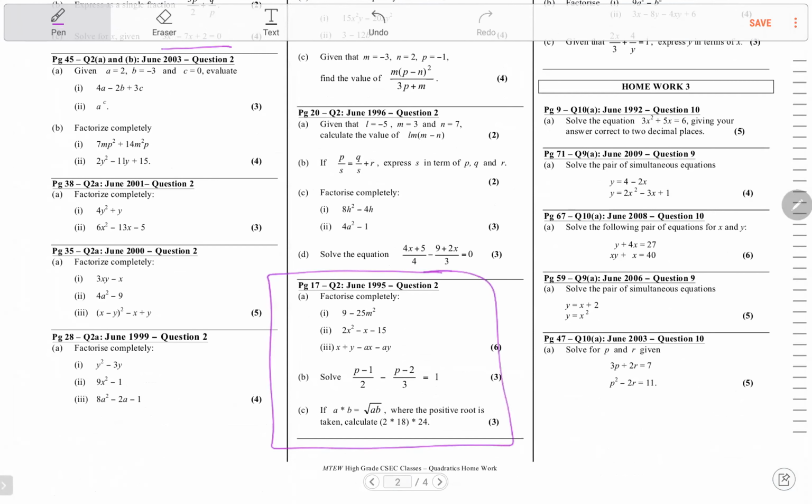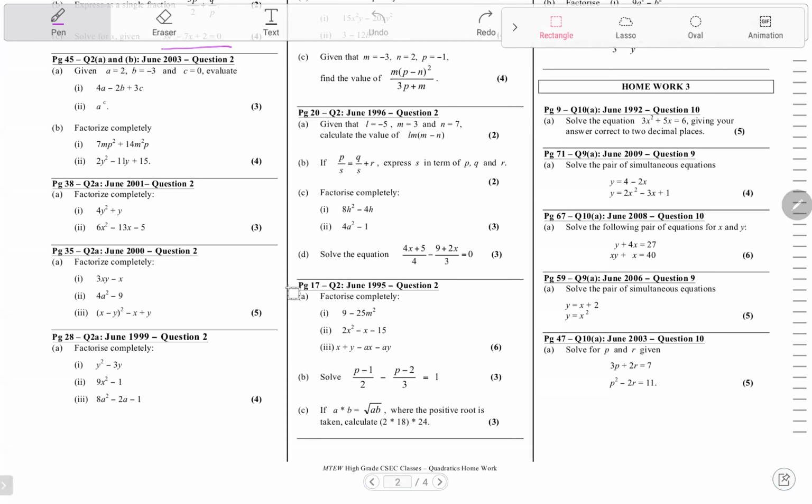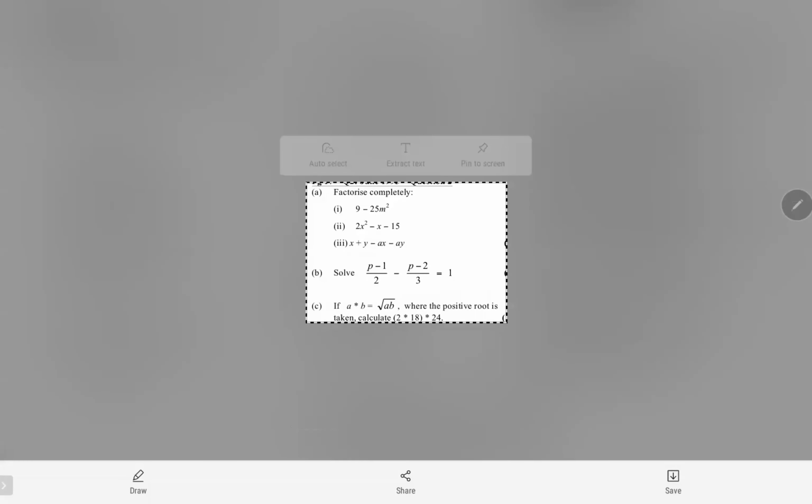We're going to do it in full. We don't do the topic yet, but it's easy, we can still work it. Let me get a picture of it. So we're doing this one.